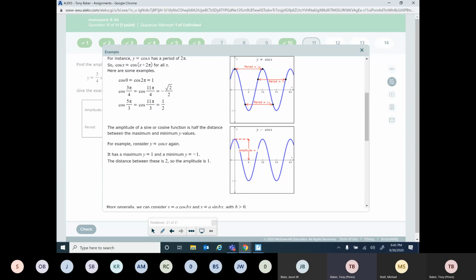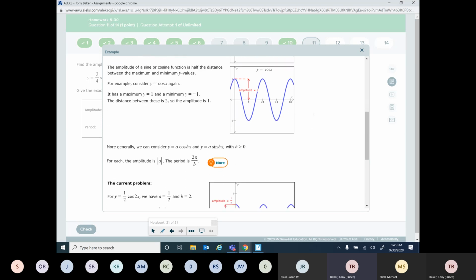So your period is how long it takes to go from the beginning to the end of one cycle. So typically cosine and sine, your periods are 2 pi, because that's how long it takes to go from one to the other. Tangent, your period's pi, because it actually takes only pi to go a full rotation.